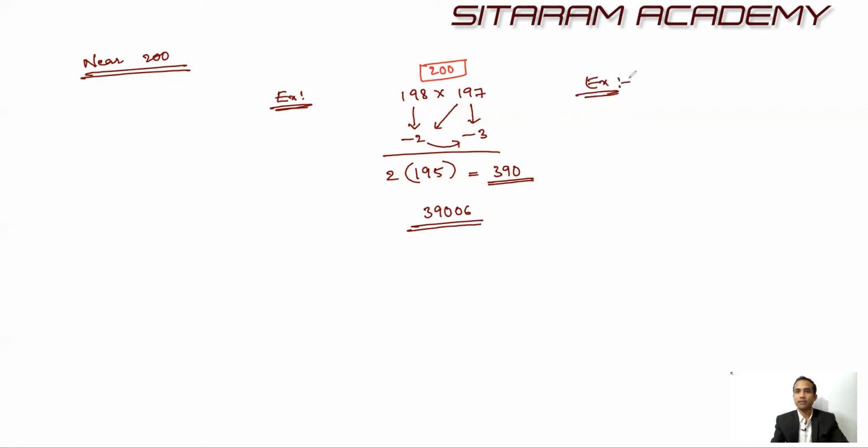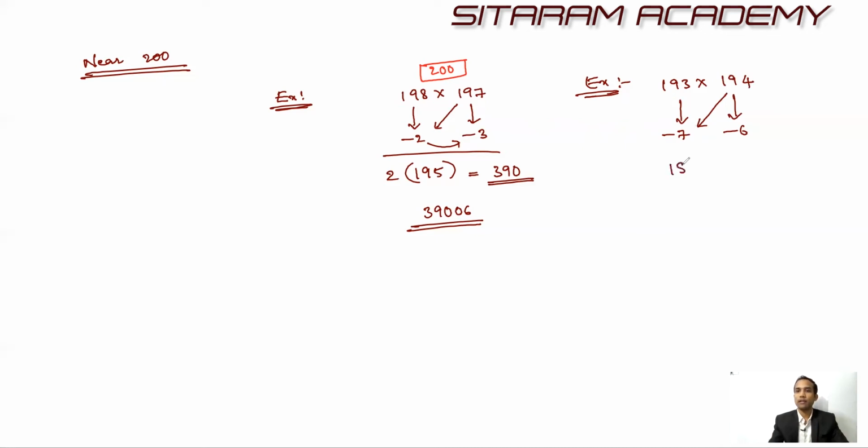Exactly like the numbers less than 200. For example, we have 193 into 194. Let us say this is 7 less than 200. This is 6 less than 200. You subtract this. How much will you get? 194 minus 7 will become 187.